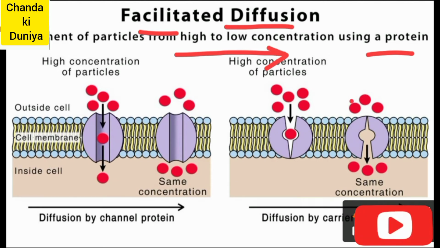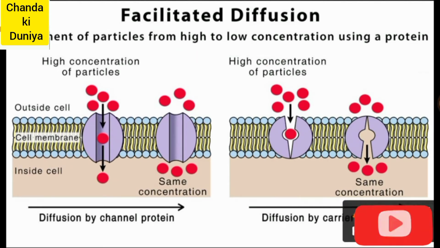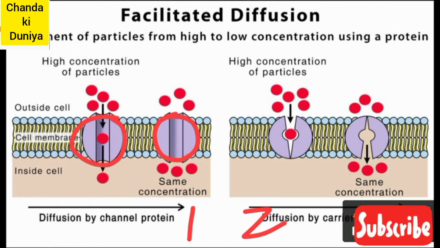Look at picture number 1 and picture number 2. Let me label picture number 1, picture number 2. In picture number 1, diffusion by channel protein. These two are proteins, and this is a plasma membrane or cell membrane.